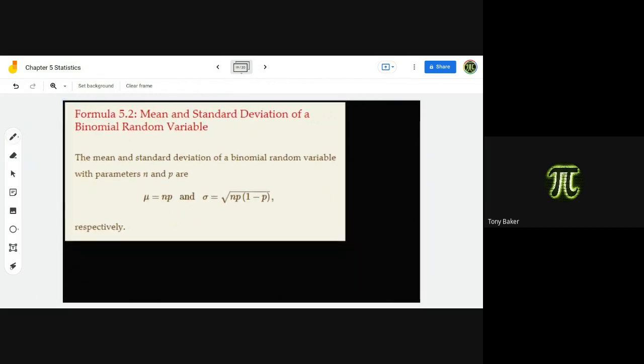So for this problem that we've been working on, my n was 3 and my p was 0.80. So my mean is 3 times 0.80, which is 2.4. So the mean is that there will be at least 2.4 people alive at 65.